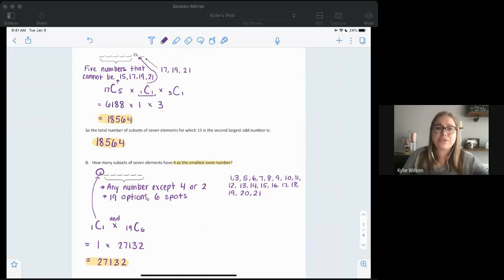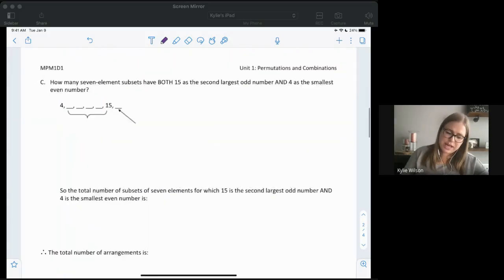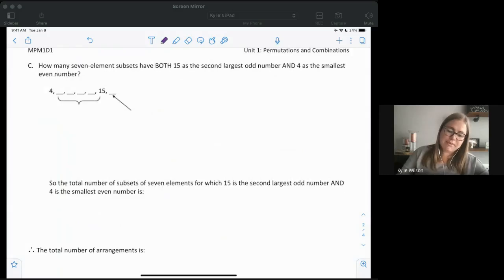That could certainly happen, that both of those are occurring at the same time. So we must account for this. And to do that, we determine how many 7-element subsets have both 15 as the second largest odd number and 4 as the smallest even number. So we want to look for the situation in which they include both.